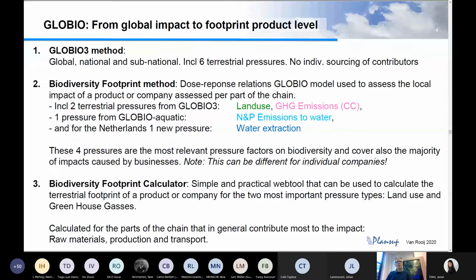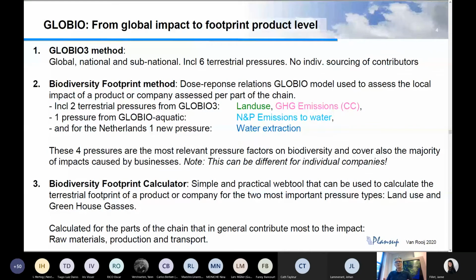So in fact, the biodiversity footprint methodology is using the cause-effect relations. The GloBio method is an overall global method, and I was personally involved in downscaling it to a national or provincial level, and I applied it in many countries in the world. But it looks at the different pressures, but not at the source of the contributors.